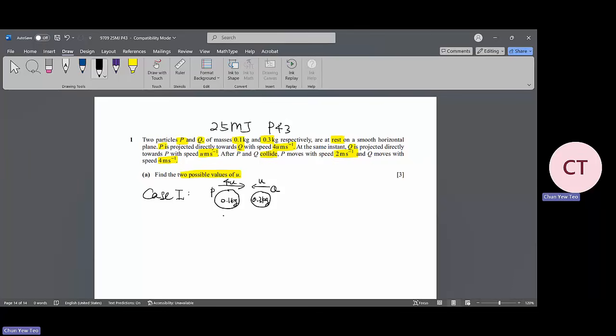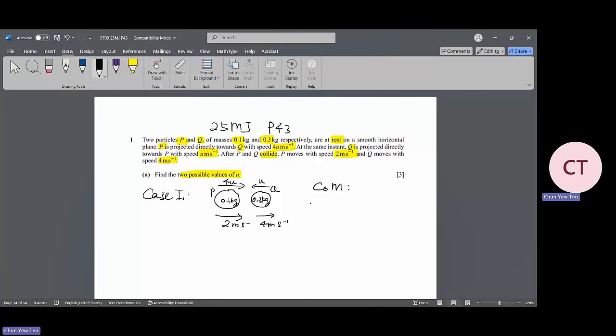In case 1, we assume that the direction of P after the collision remains unchanged. That means Q also goes this way. For this case, we just use conservation of momentum.